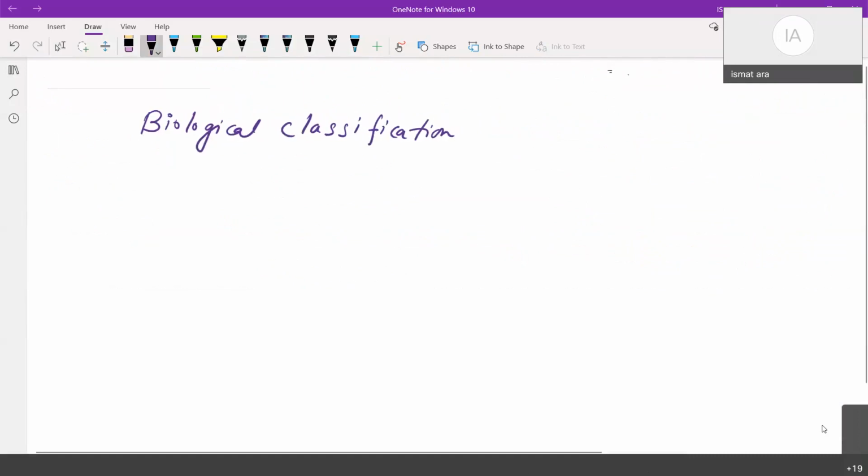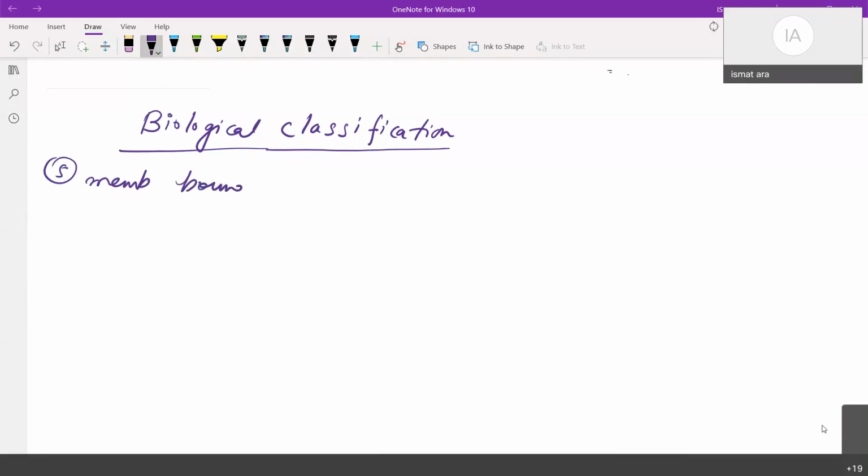Let us see some more features. Membrane bound organelles are absent.